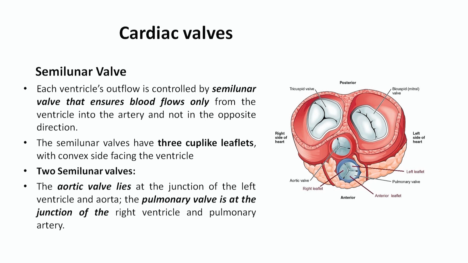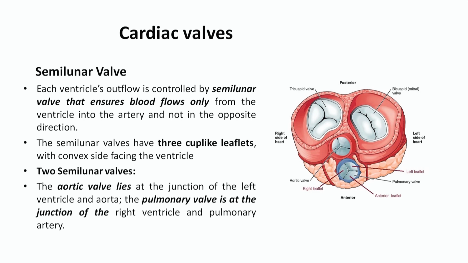Semilunar valves have 3 cup-like leaflets with the convex side facing into the ventricle. So 2 semilunar valves are there. One is called the aortic valve and another is called the pulmonary valve. The aortic valve lies at the junction of the left ventricle and the aorta. The next is called the pulmonary valve.